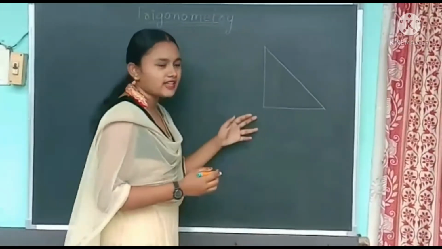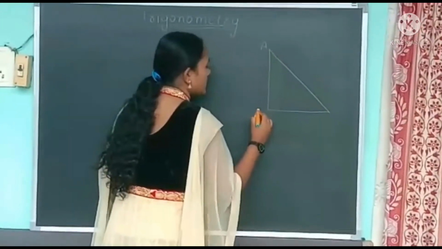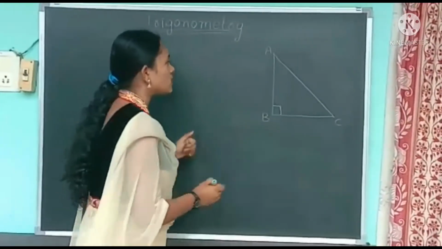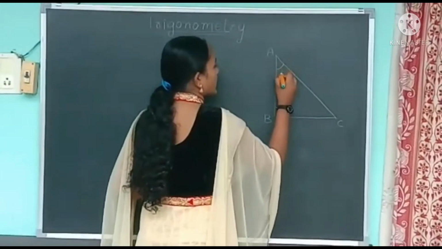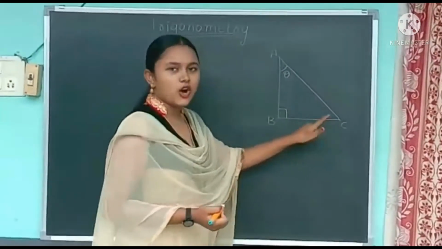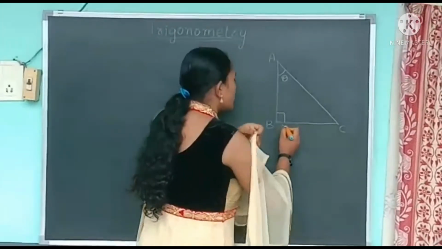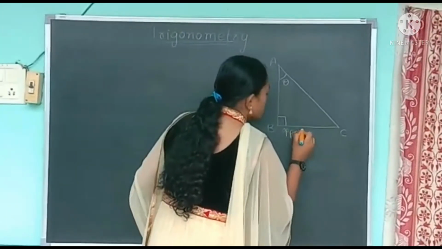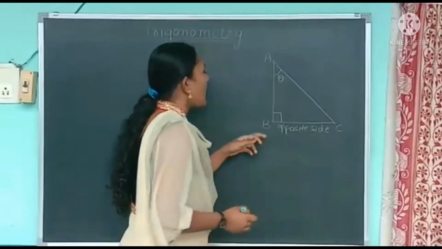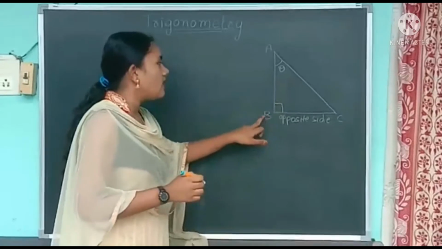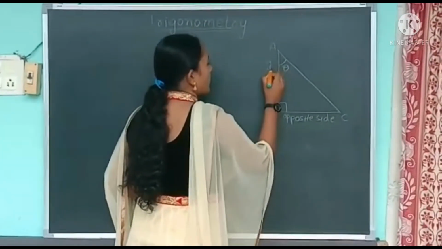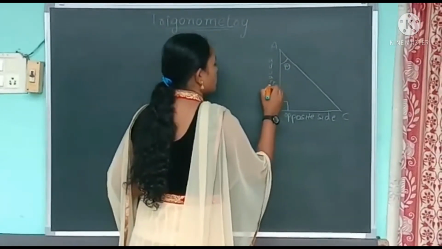This is a right angle triangle ABC, right angled at B. So I am taking theta at A. For theta at A, BC is the opposite side, and the adjacent side is AB.